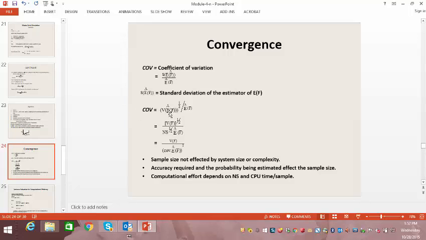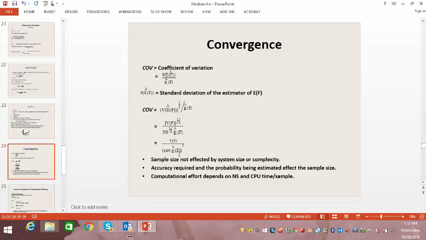So if you substitute all these values from the previous discussion, then the equation becomes the variance square root, that is the standard deviation, and this is the sample size, and this is the expected value.